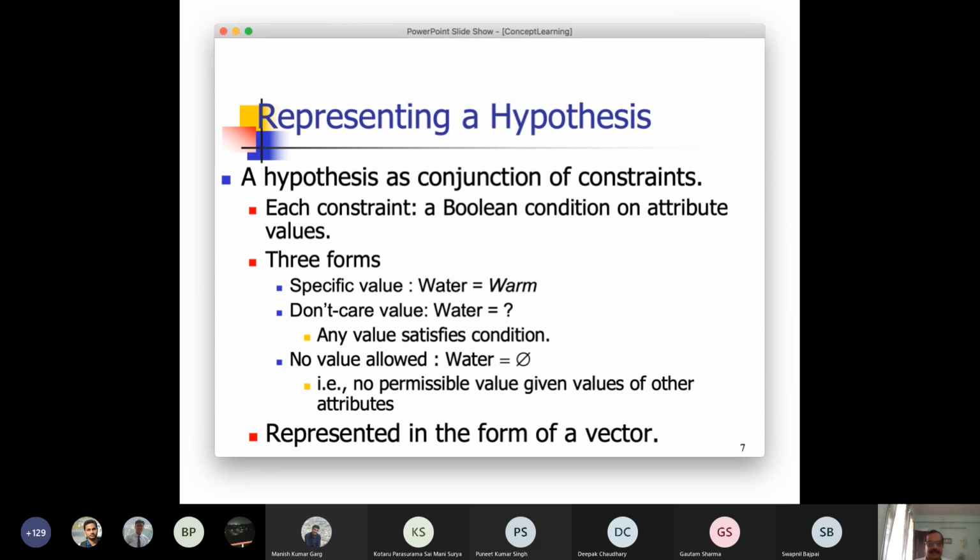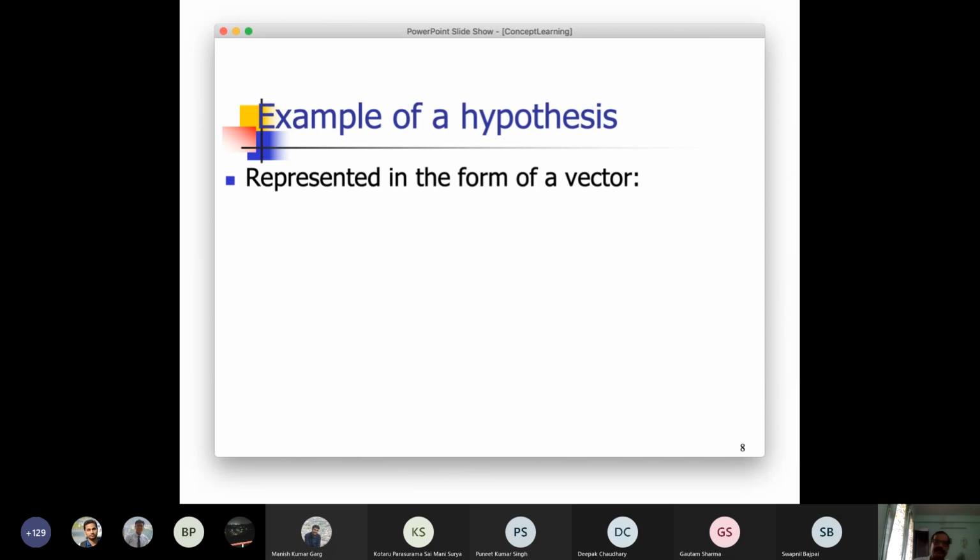And as we have seen with illustration, we can represent a hypothesis in the form of a vector. Instead of writing all those expressions with equality operator, I will simply list the attribute values, including the don't care value and also the phi value, the null value. Using them, I can write any conjunctive normal form expression.